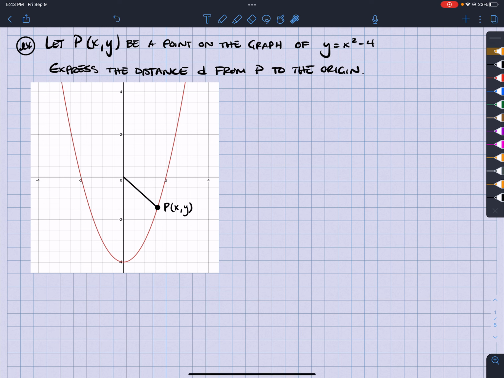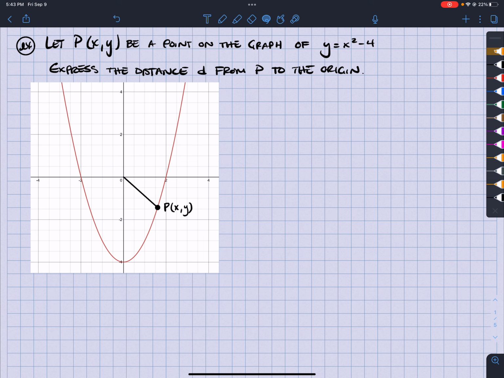In other words, if this point P moves, clearly my distance is going to be different. It's going to be very long here, very short here. It's going to get longer, then shorter again, and then longer again. So we're just placing that P right there.